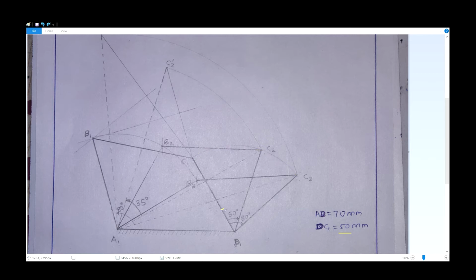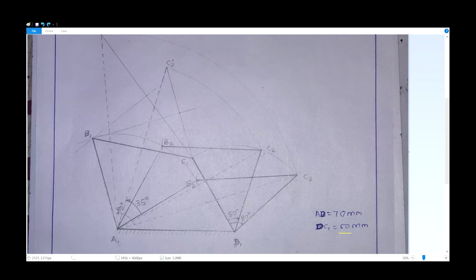and this line should be rotated 50 degree and 80 degree in the right hand side. So after rotating 50 degree we will get the point C2, and after rotating 80 degree we will get point C3. After getting C2 and C3 we need the points C2 dash and C3 dash.